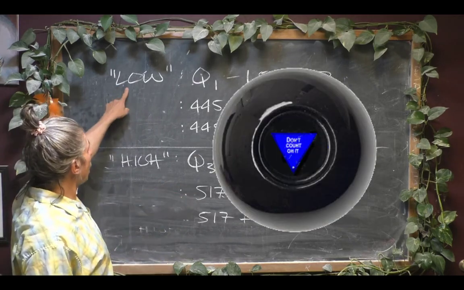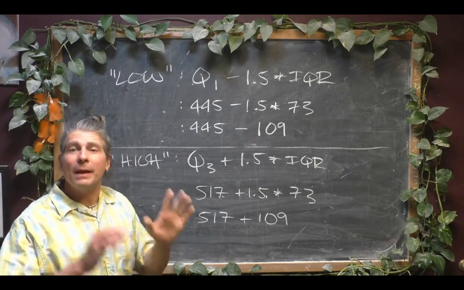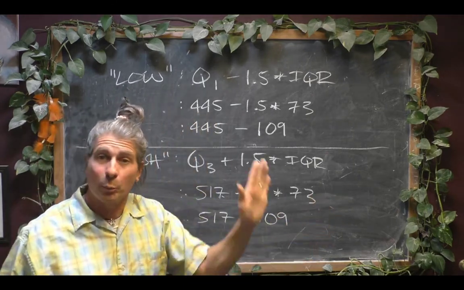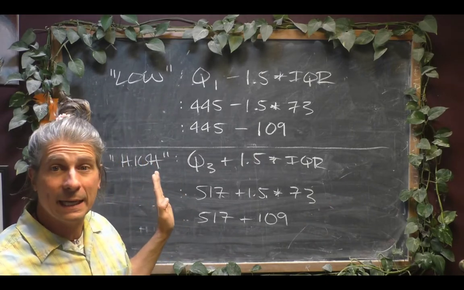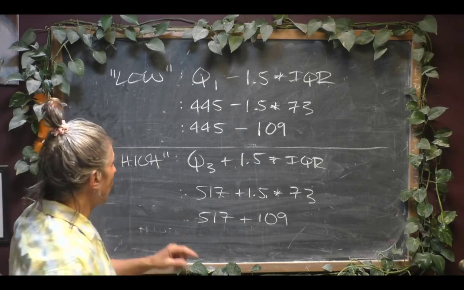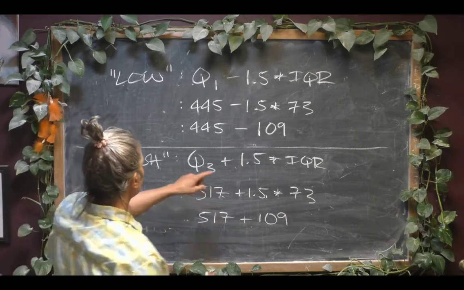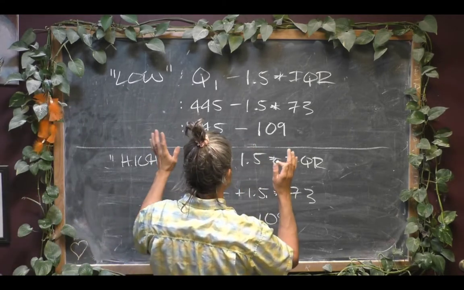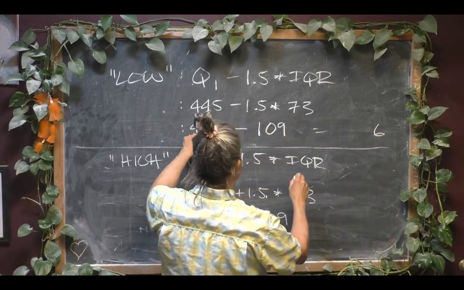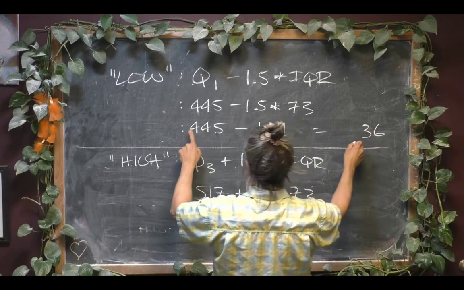So for the low cutoff, this is going to be exactly the same in meaning as it was for the standard deviation one. We're putting a fence on the low end. Anything below that fence is too small to be typical. So how low is that? Well, if we do 445 minus 109, let's see if Sean can do this. 15 minus 9 is going to be a 6. Got to carry that 1. Becomes a 3. 3 minus 0 is 3. 4 minus 1 is 3.